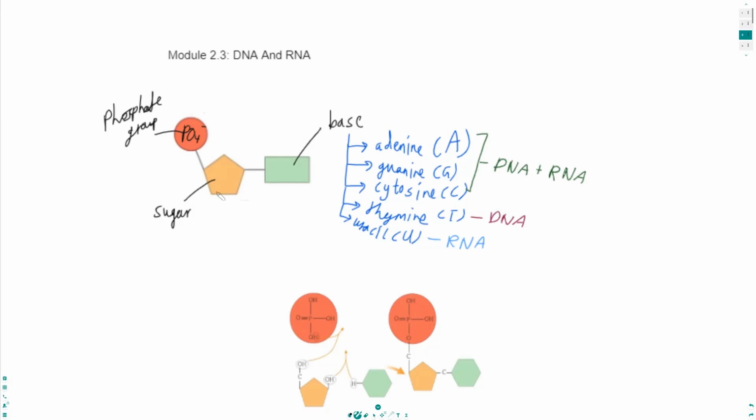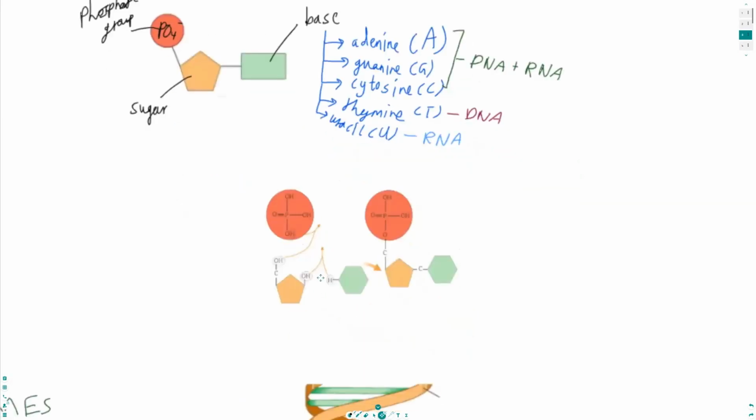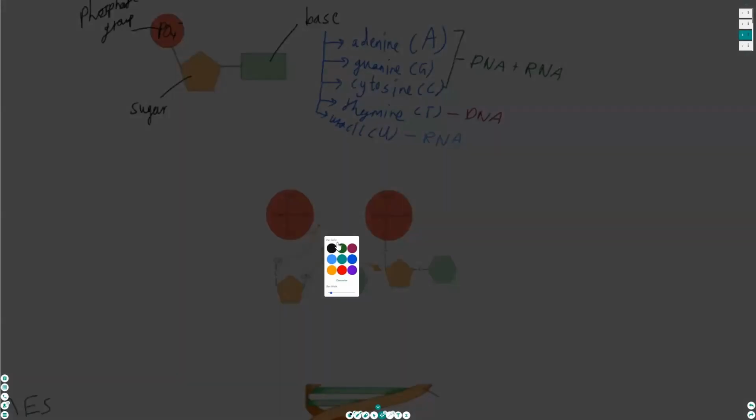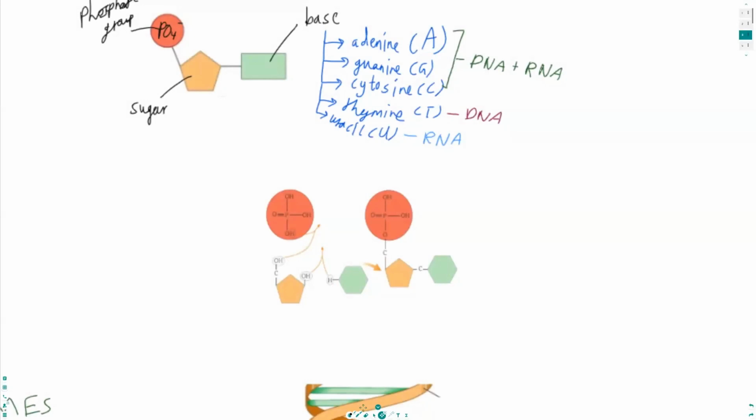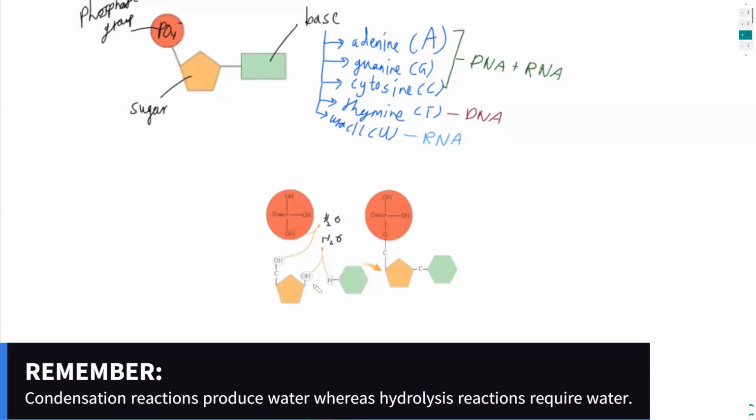And when a nucleotide is made, condensation reactions take place, removing water in the process. So these are condensation reactions.